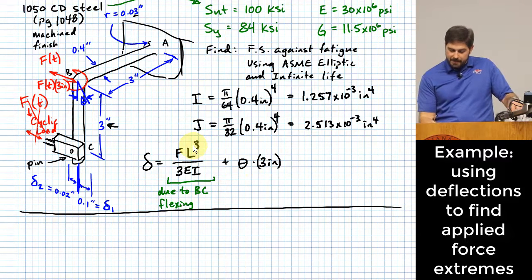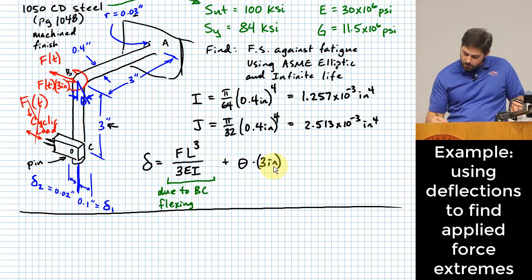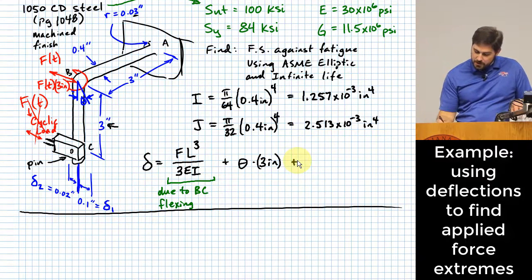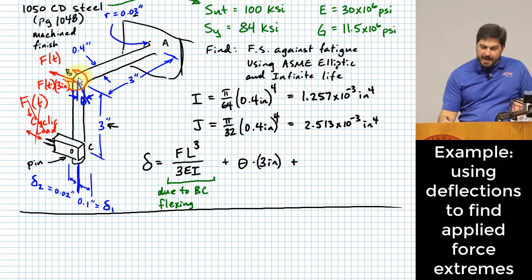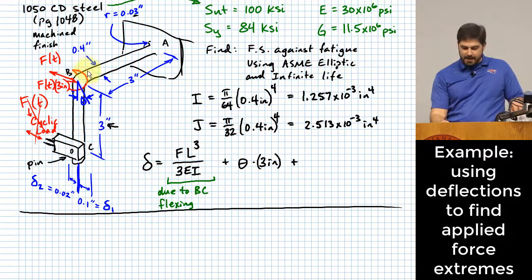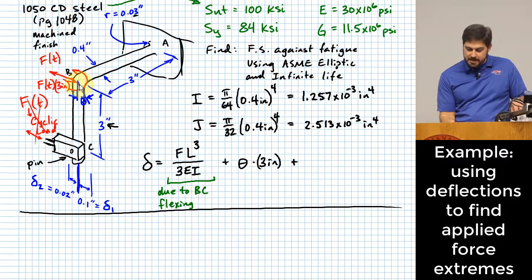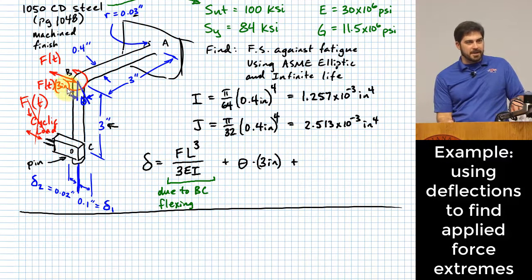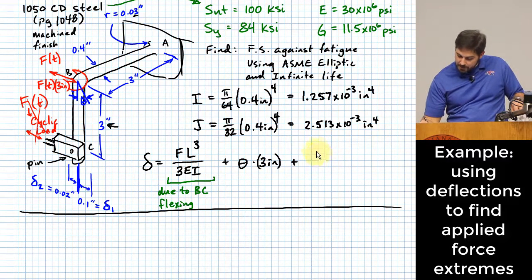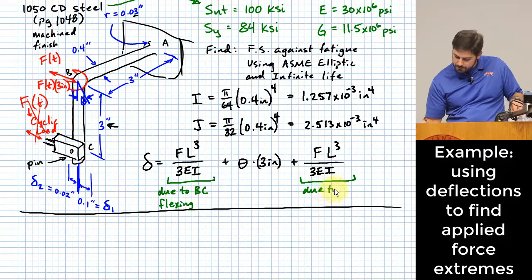All right, so we have that, and then what? Yeah, there's a flexure that happens between A and B. Okay, and that happens due to this F that's applied at B. So really it's going to be the same, FL cubed over 3EI, and this is due to flexure in AB.